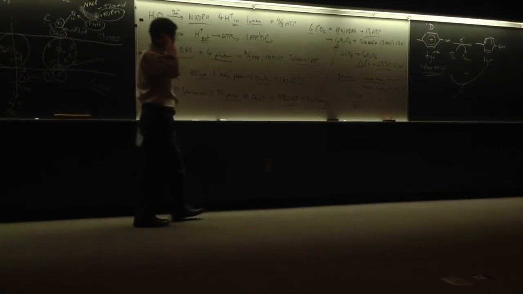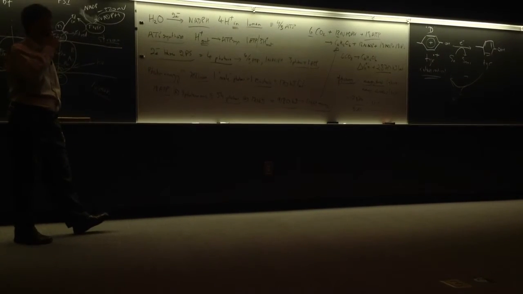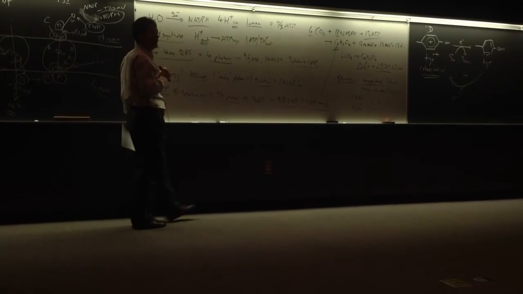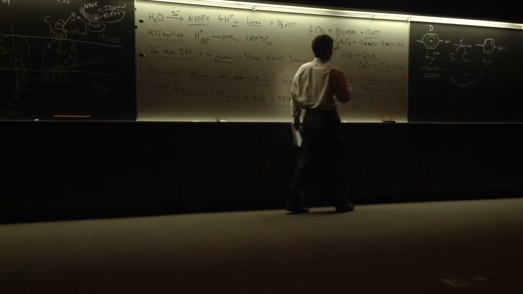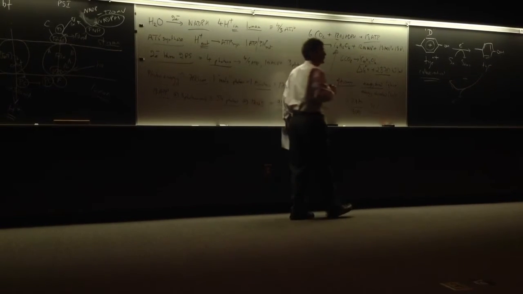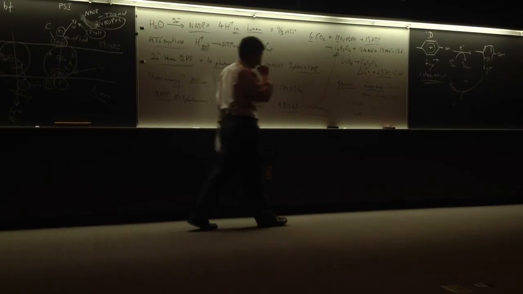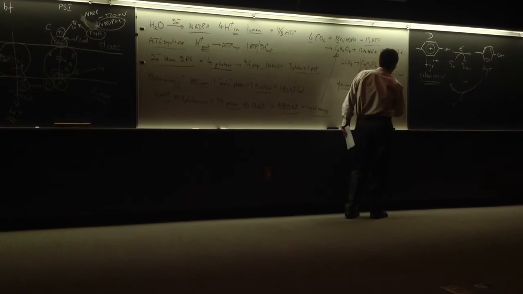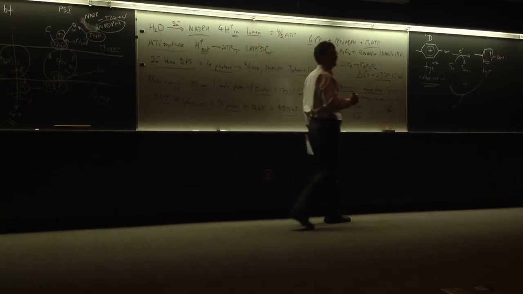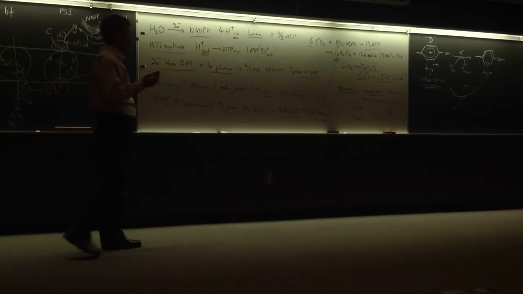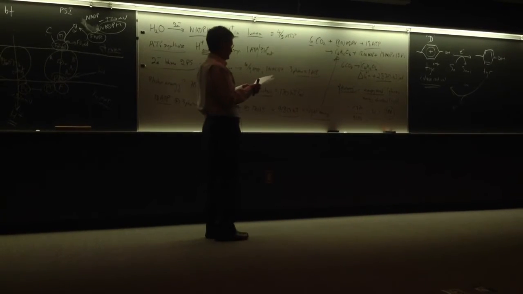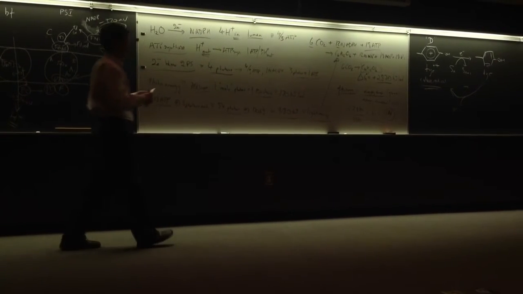So somewhere around 31%. So 31% of the light energy absorbed by the photosystems ultimately ends up being conserved in the form of glucose. Now remember, this is under standard conditions. So the actual efficiency is probably much higher than that, but by calculation it's about 31%.